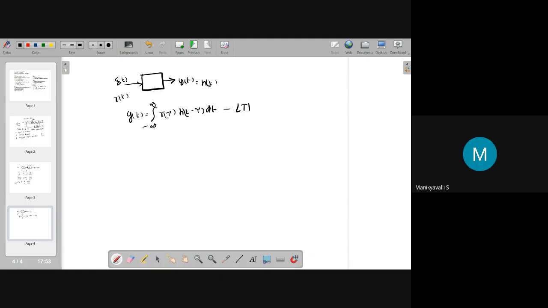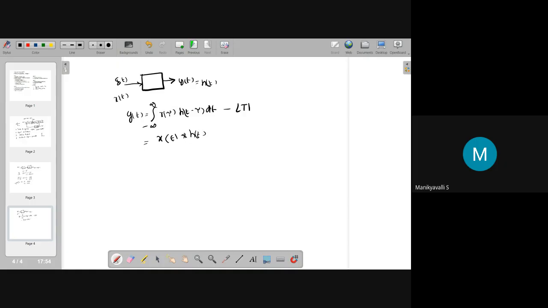So this looks like your convolution integral, that means x of t convolution with h of t.